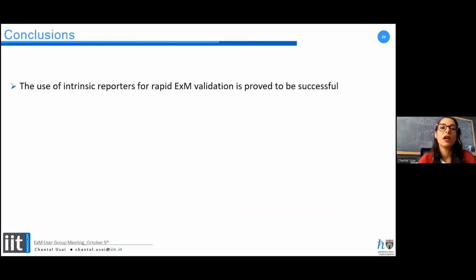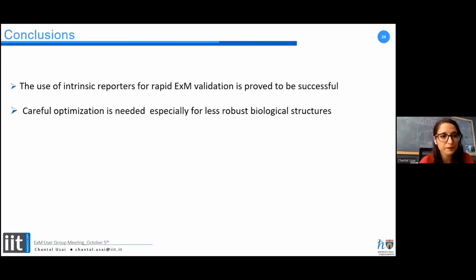So, in conclusion, we can say that in the last few years, the intrinsic reporter has been successfully used for rapid expansion microscopy validation. Although this is a process that needs careful optimization, especially if you use less robust biological structures.